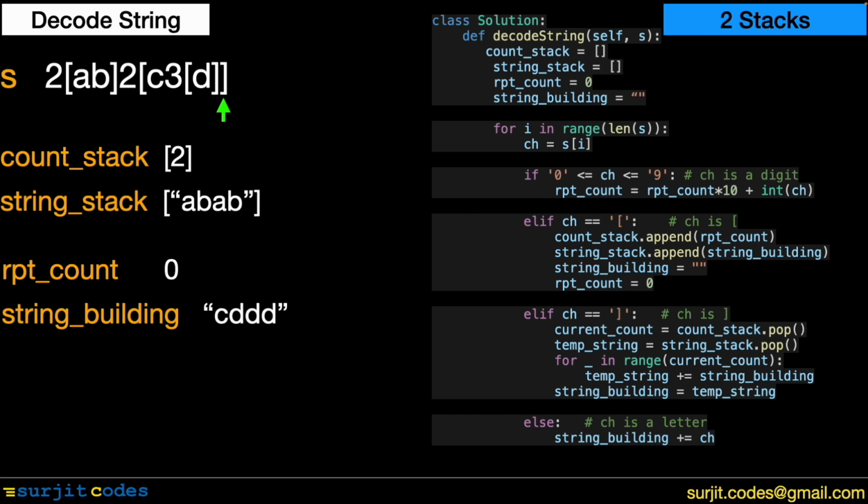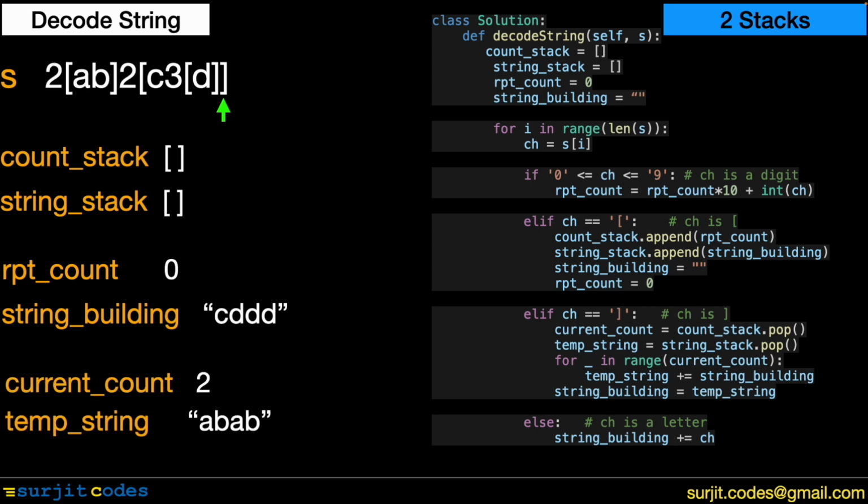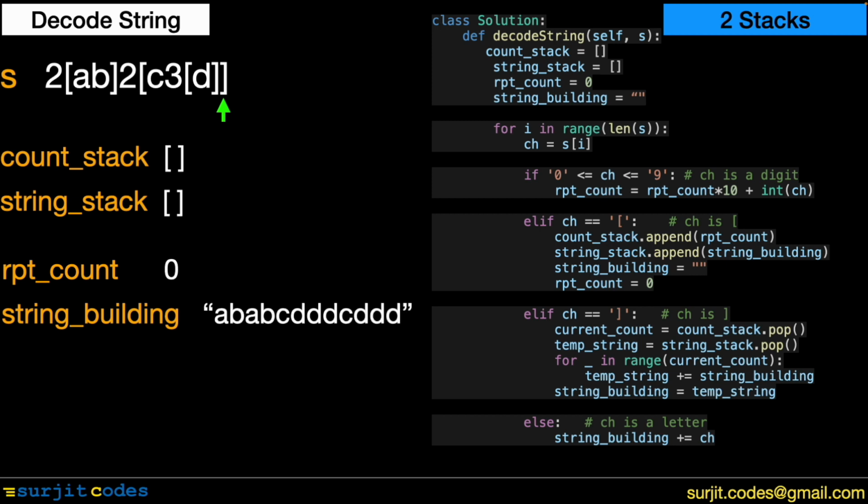At the last bracket, we pop out the stacks once more in temporary variables. We add string building to temp string twice and then save it into string building. Scope of temporary variables ends. Processing of input string ends and we return string building as the final answer.